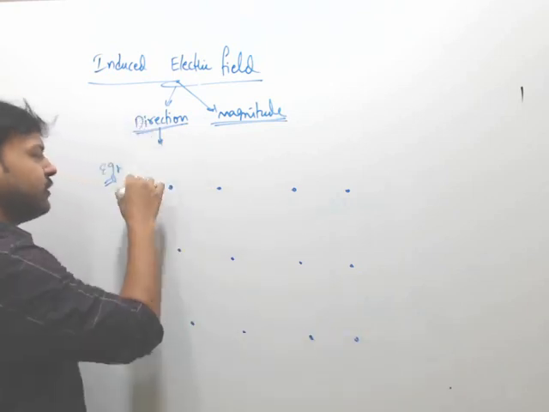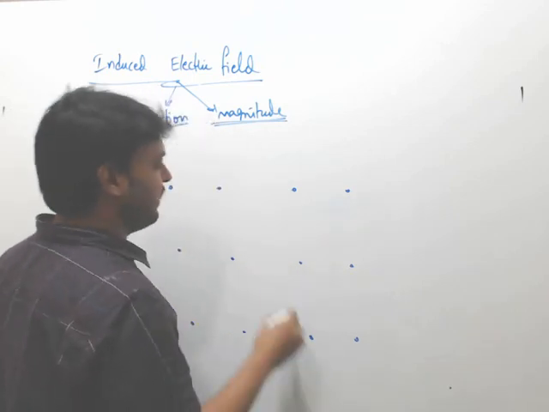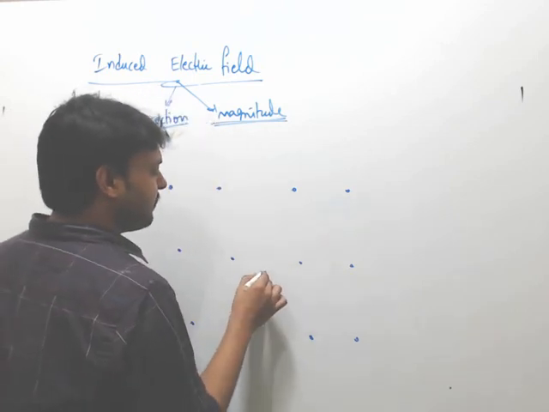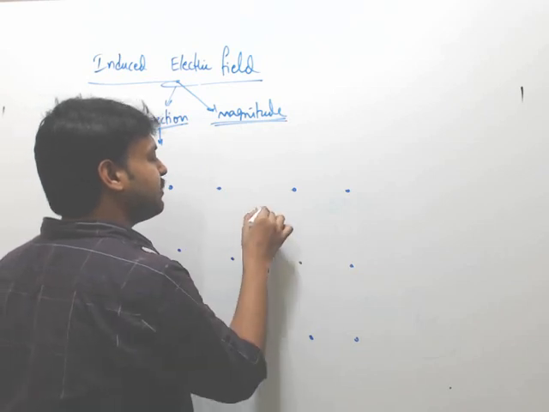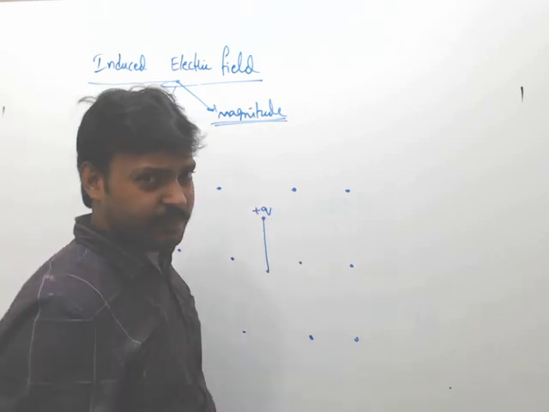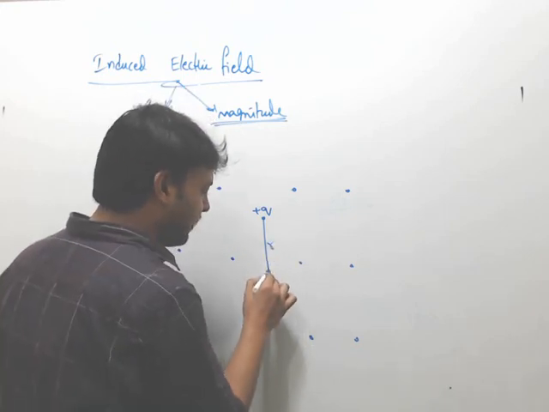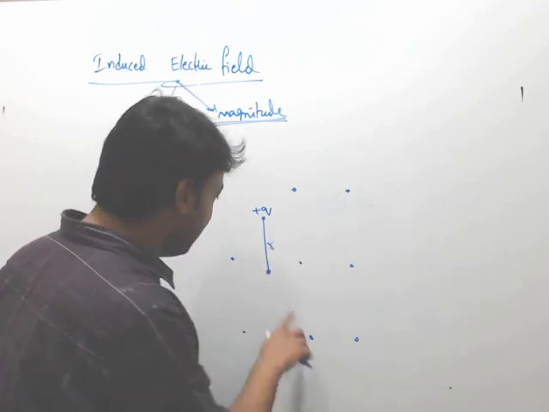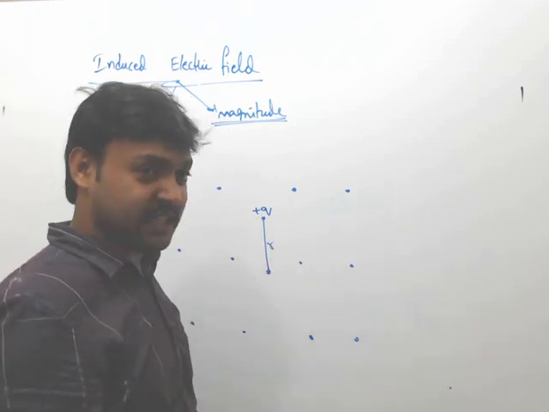Outward, and the magnetic field is increasing. Assume this is the center. From the center, at a distance r, I place a positive charge, initially at rest.